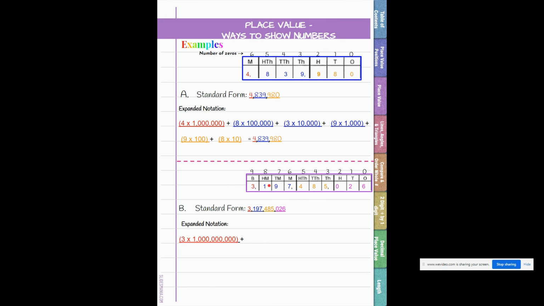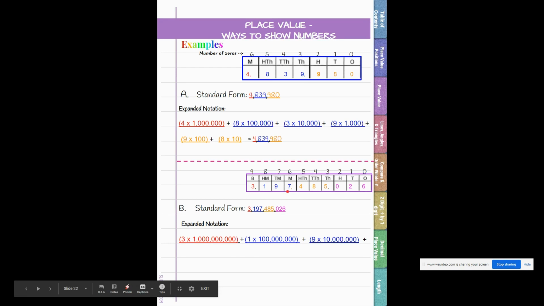I move on to the next number, which is 1 in the 100 millions place. So I record 1 times 100 million. Then I move to my 10 millions place, which is the 9, and I record 9 times 10 million.